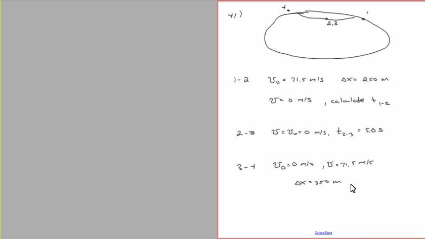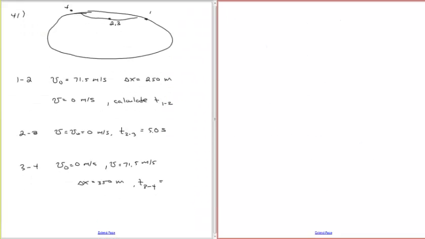And from that, we can calculate the time it takes to go from 3 to 4. So we're going to have these three times added together, which would give us a total time. We know that the car has traveled 250 plus 350 meters, or 600 meters. Then we'll find out how far the other car has driven during that time period. So that's the plan. Sounds like a good plan to me.